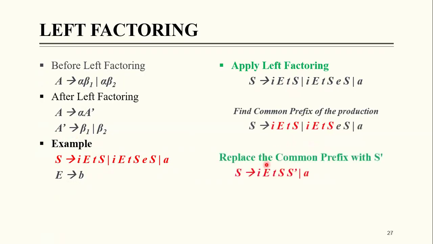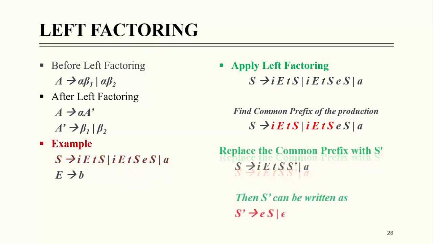So what we have done is replace the common prefix with S dash, because this production is derived from S derives i E t S, i E t S e S, or a. Here the common prefix we write as S derives i E t S, followed by S dash, or a.